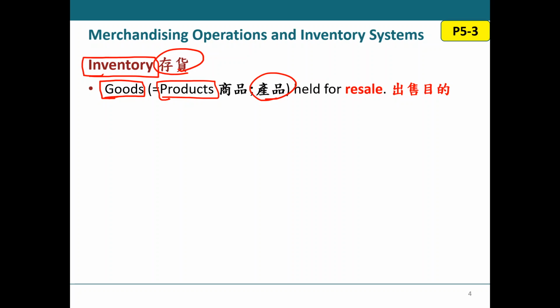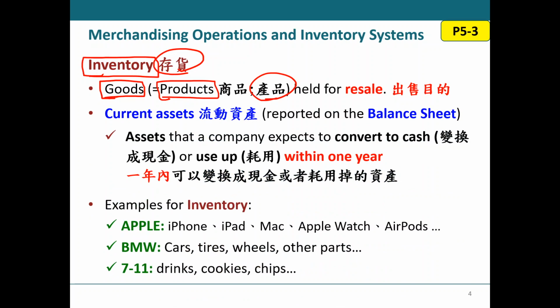So for example, for Apple company, what is Apple's product inventory? Apple company's products, for example, iPhone, right? Their products inventory is iPhone, iPad, Mac, Apple Watch, AirPods, and so on.